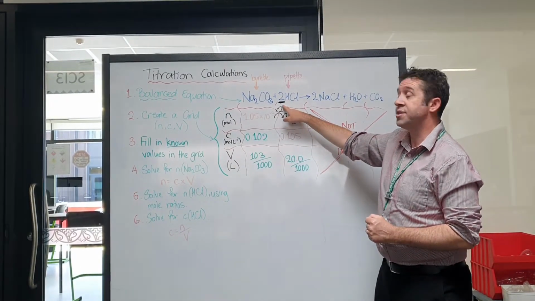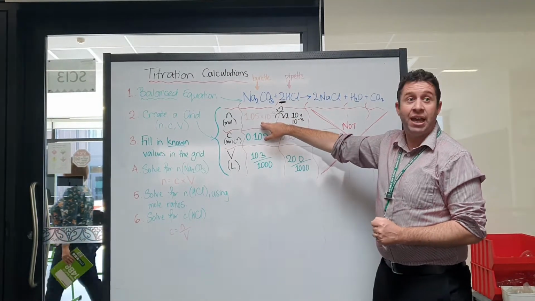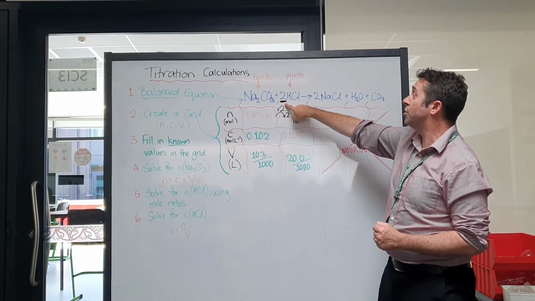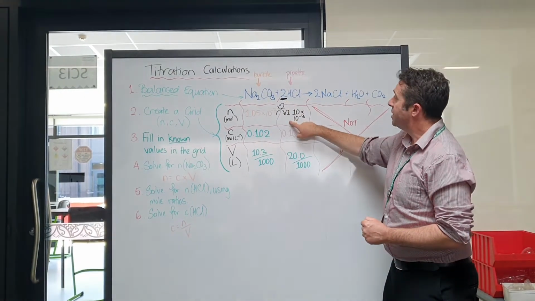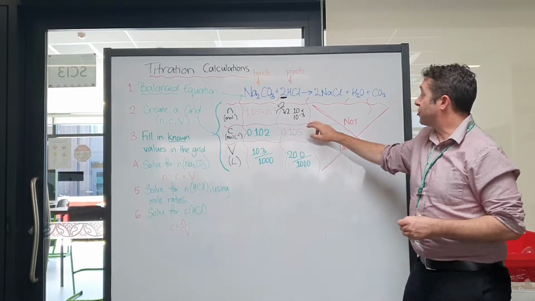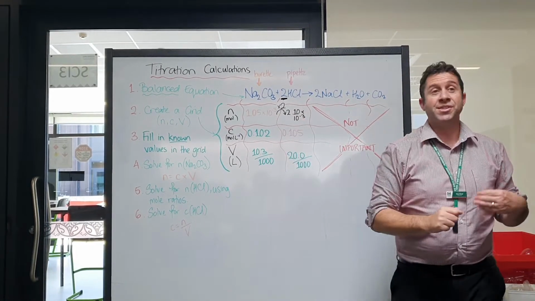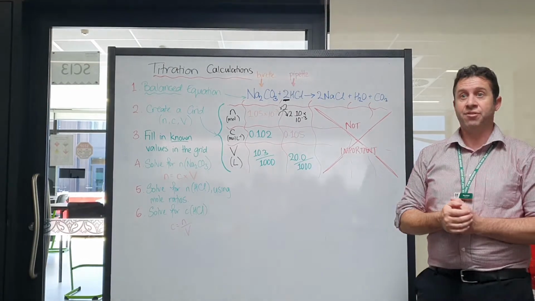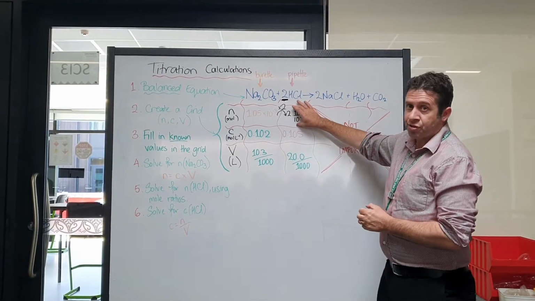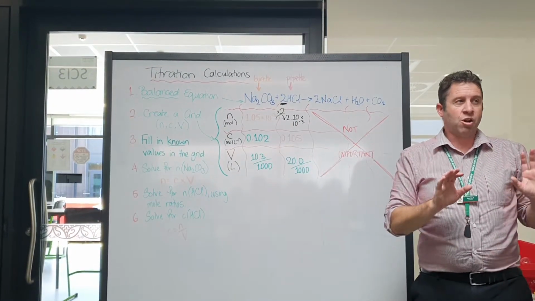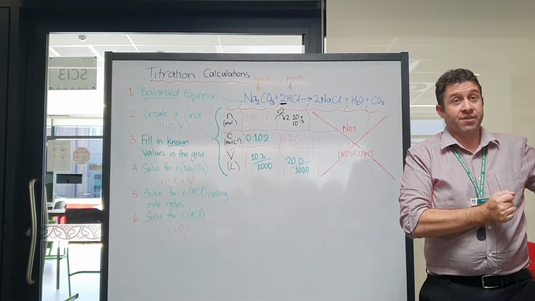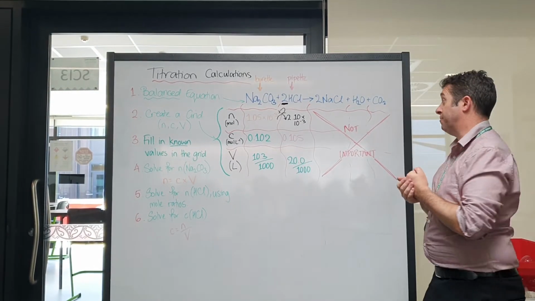And I know that because of the big number. So whatever number I get there, I times it by 2 because of the 2 in front of the hydrochloric acid to get this number. Again, to 3 significant figures, it was 2.10 times 10 to the power of negative 3. I only needed 3 SF. Our equipment isn't any better than 3 significant figures, so our answers can't be either.